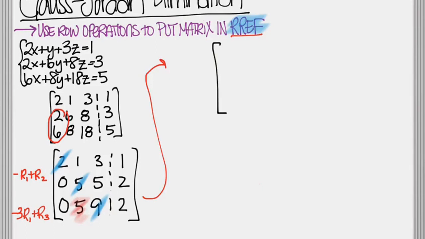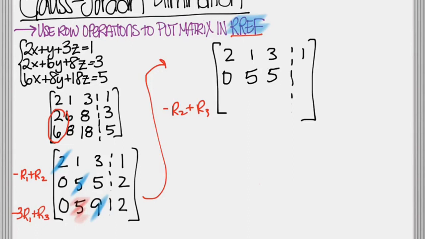Rewrite my matrix out here. Negative row 2 plus row 3, and put my rows back in. So by doing it in this order, I'm just avoiding fractions. So negative 5 plus 5 is 0, negative 5 plus 9 will give me a 4, and then negative 2 plus 2 will give me a 0 here.